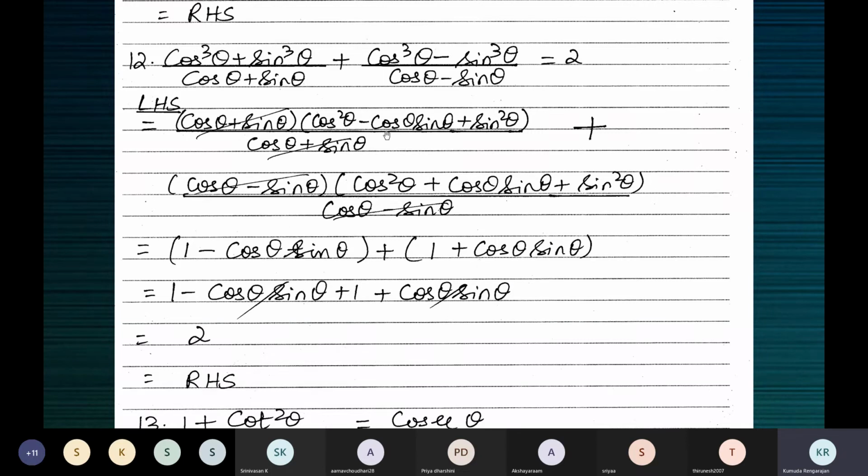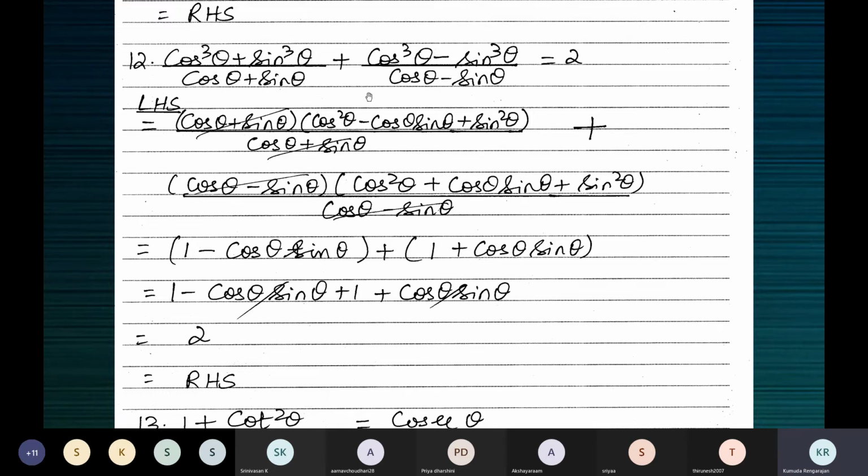In the next step, we have these terms, but you can see sin square theta plus cos square theta here. This is plus sin square theta and this is plus cos square theta.